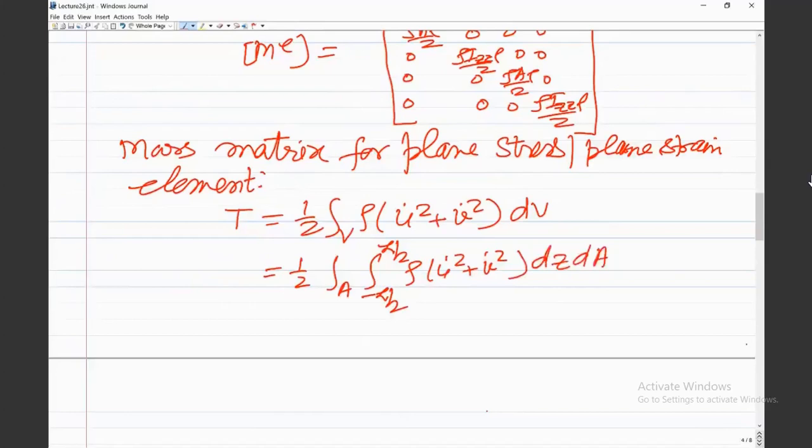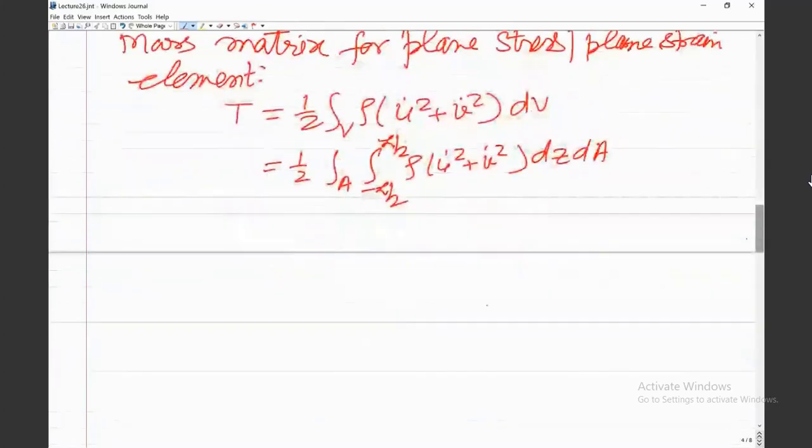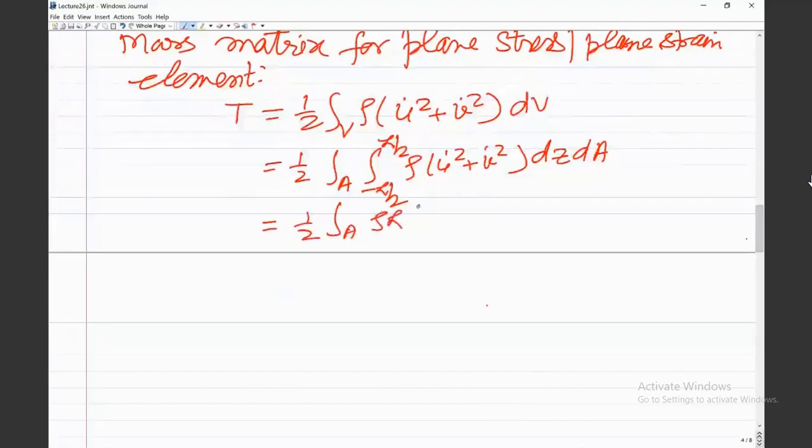Because u dot and v dot are assumed to be constant through the thickness for the plane stress plane strain element, the thickness integration simply gives you h. So this will be half integration over area, and then we will have rho h and u dot square plus v dot square dA.